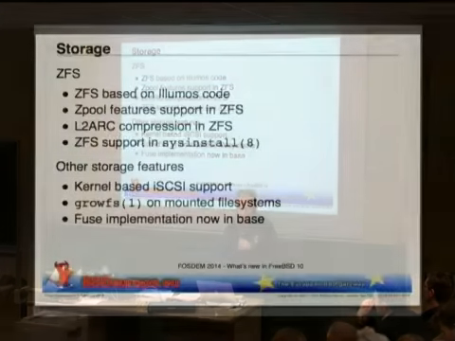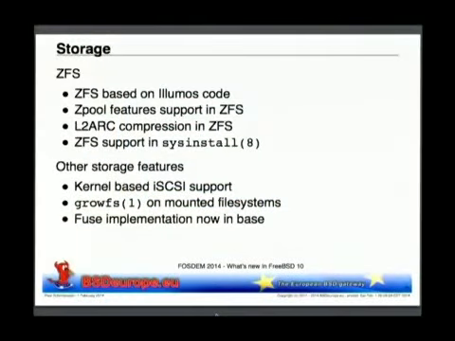Right, we've got kernel-based iSCSI support now. Until now we only had iSCSI as a userland utility. People have been using growfs for UFS. Well, we can now do that on a live file system. You don't have to unmount it anymore. And we also have an implementation of FUSE in the base system.